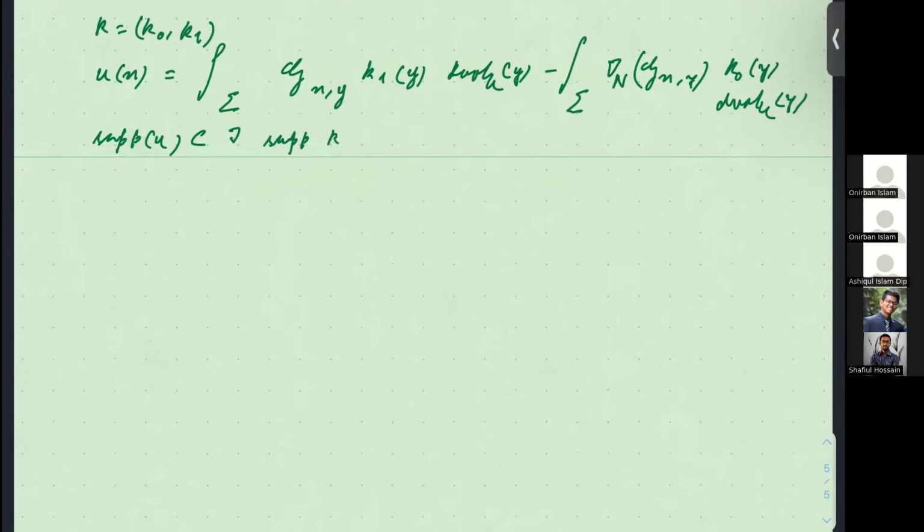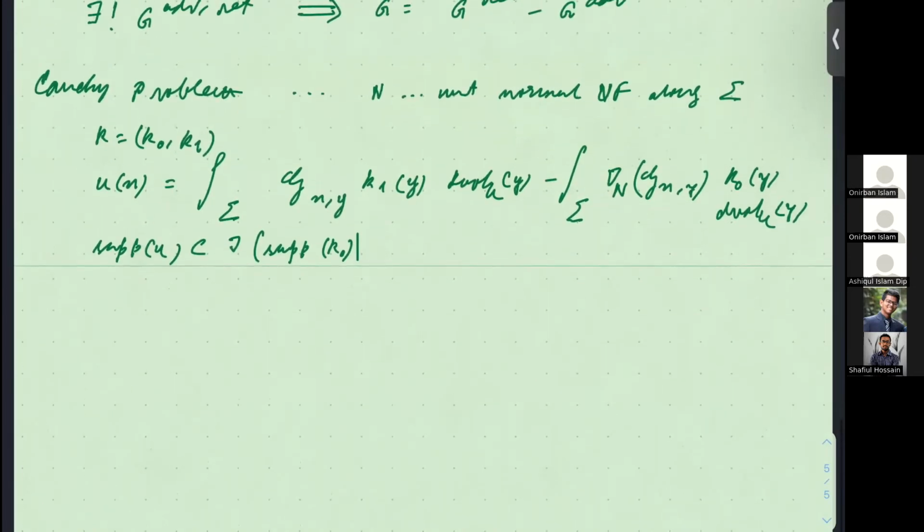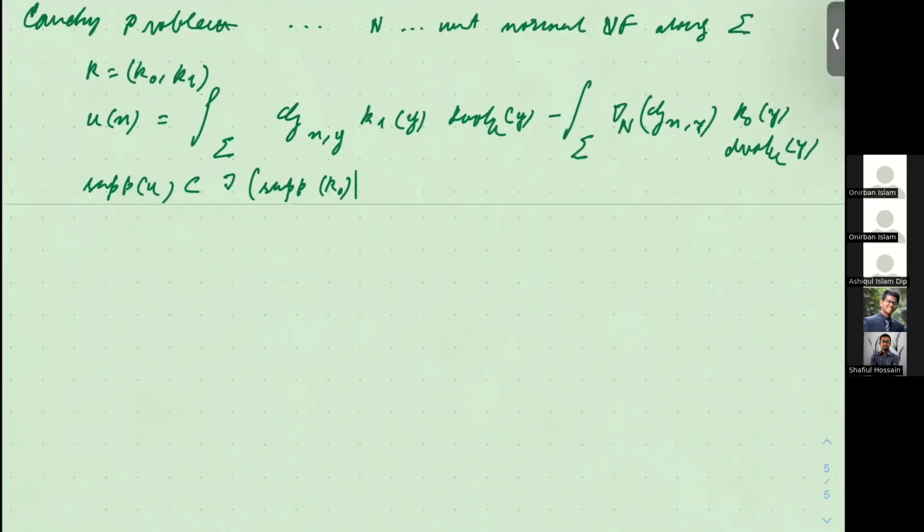Sorry, could you just explain the expression for U of X very briefly? I can't read the handwriting. Sure, very quickly. First is the integral kernel of the Green's operator, and this is one of the Cauchy data, K1. And this is another Cauchy data.